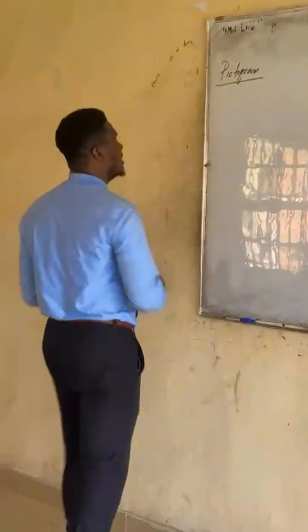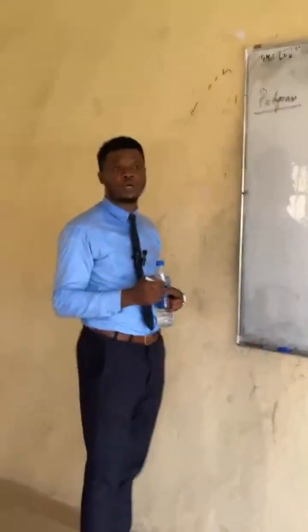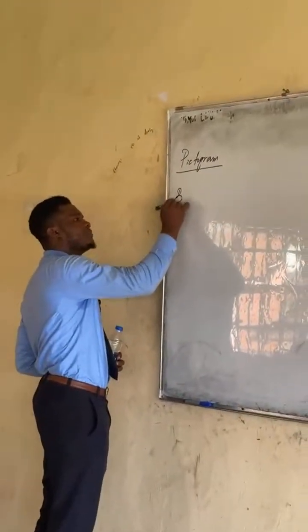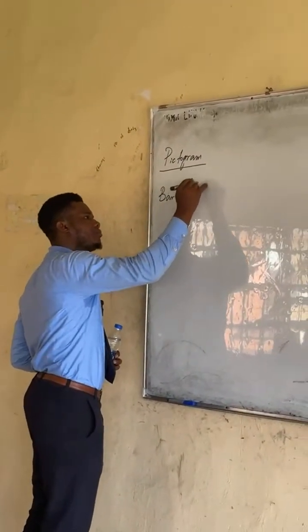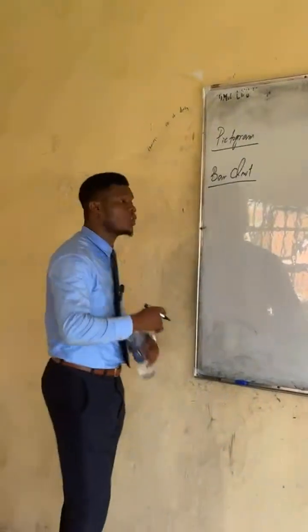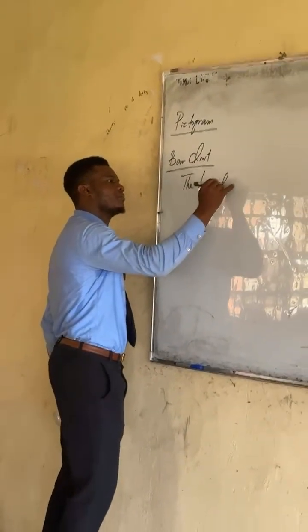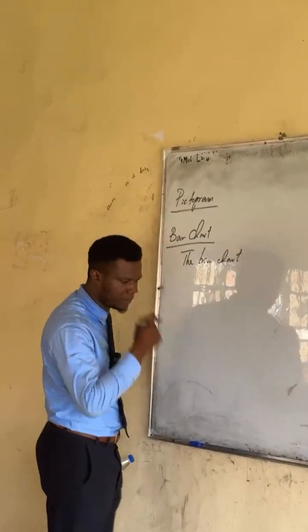Now, the next one we were to look at was which one? The bar chart. Thank you very much. So let's begin with the bar chart. So please write the bar chart. Is somebody writing? Yes, sir. Thank you very much.